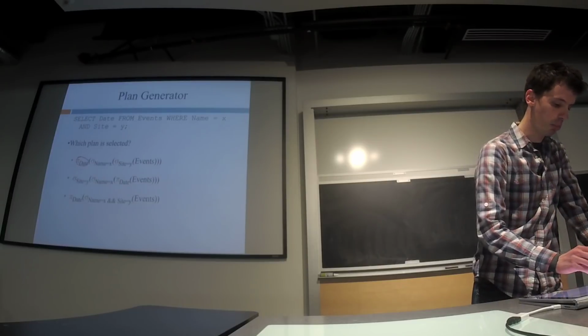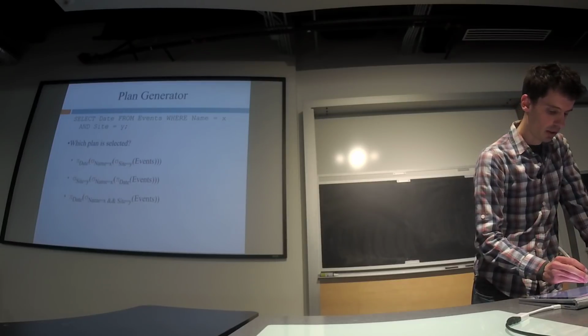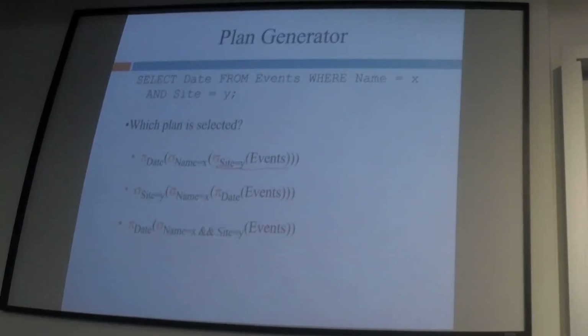So there's the pick out the date column. And then we have, filter first, go through all the events and find the events where site equals Y to get some sub-relation. Then out of that sub-relation, filter down where the name equals X, and then project out the date.